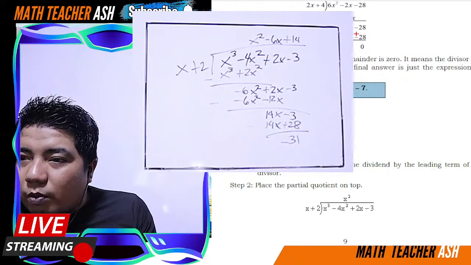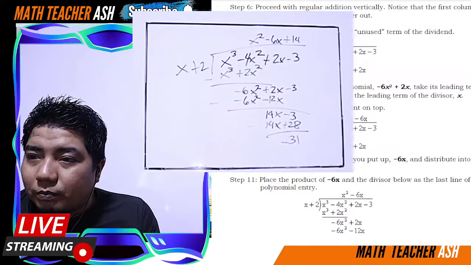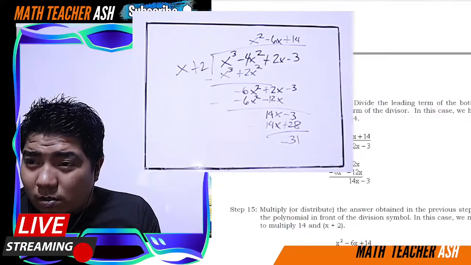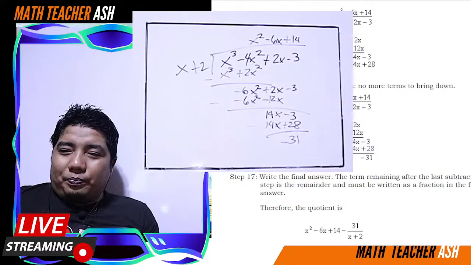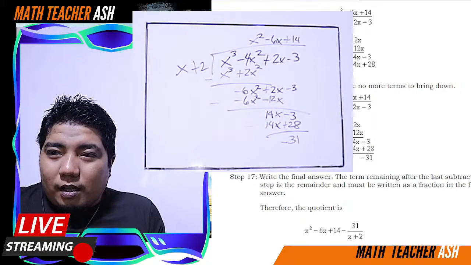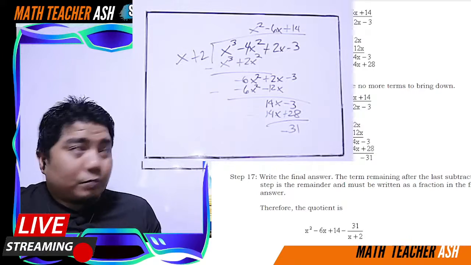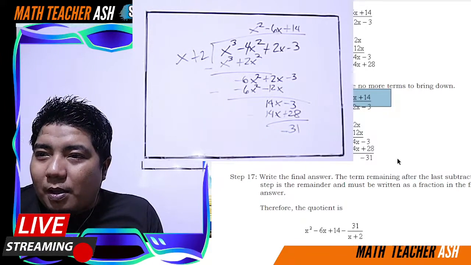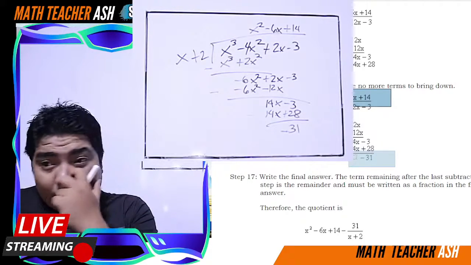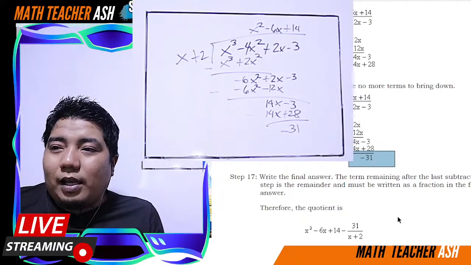Okay, let us check whether we are correct. So, we have here x squared minus 6x plus 14. Pero merong remainder negative 31. So, paano mo isulat si remainder?